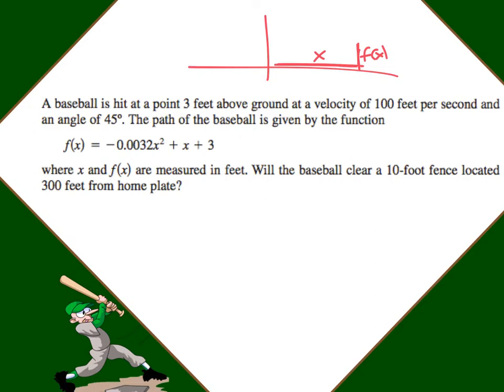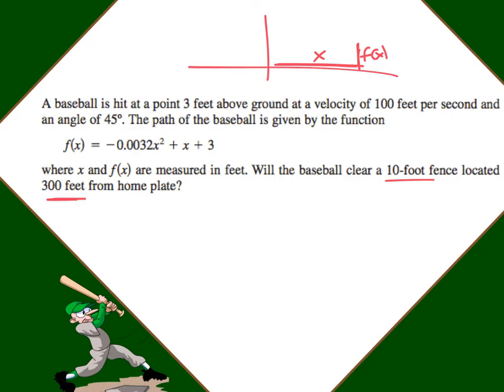So if it says 300 feet from home plate, which one is that? It's my horizontal distance. And then this 10-foot fence would be my vertical distance.